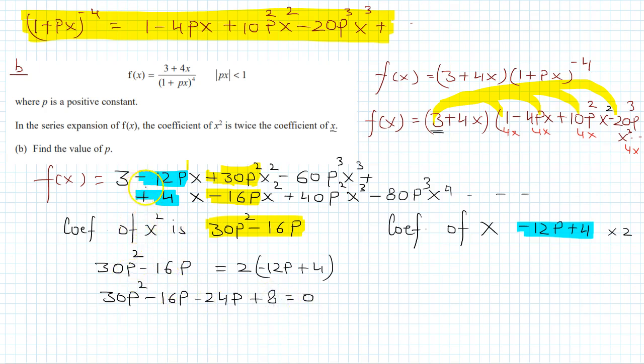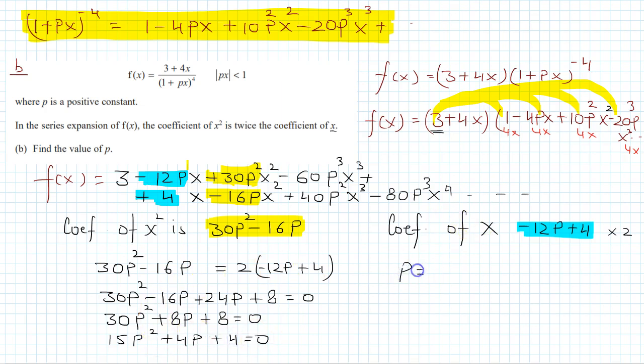So this minus 12p will become plus 24p. So 30p² plus 8p plus 8 is equal to 0. You can simplify it or divide it by 2. So 15p² plus 4p plus 4 is equal to 0.